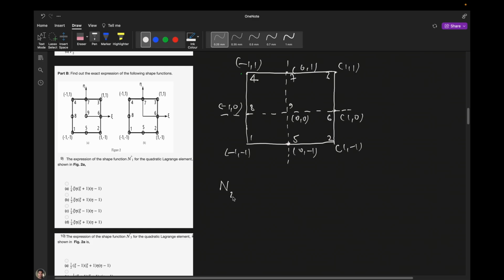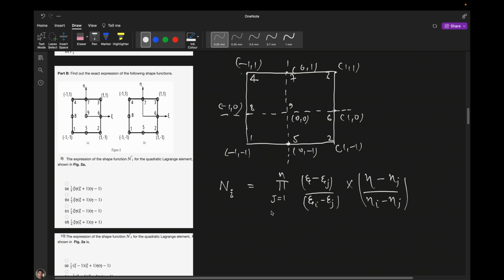So suppose I want to get the ith Lagrangian shape function, so that will be the product, and it will go from j equal to 1 to n, and it will be this minus this divided by this minus this, into eta minus eta j divided by eta i minus eta j.